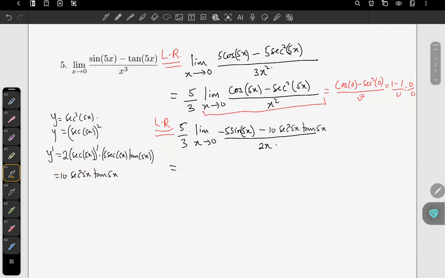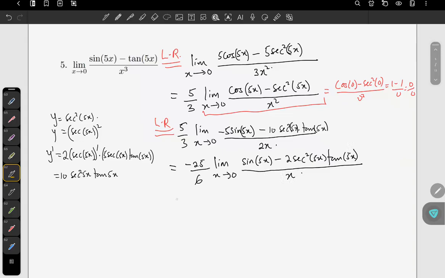So this is equal to negative 25 over 6, the limit as x approaches 0 of sine 5x minus 2 secant squared 5x tan 5x. I actually believe the other method without the L'Hopital's rule is even better than this one.